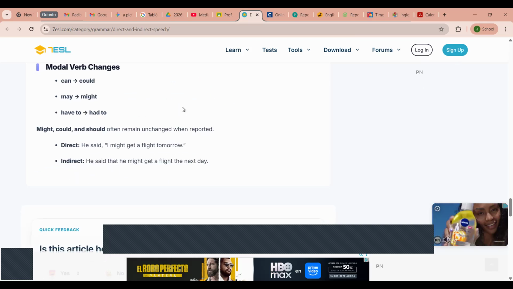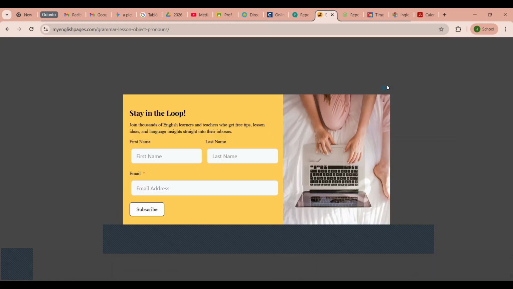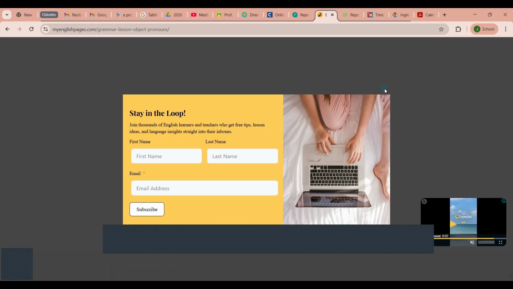Now, there are lots of different changes that these direct statements undergo to become indirect or reported speech, and we'll have a lot of uses for them. Make sure that you take some time to understand, one, why we're changing, for example, the object pronouns. So who was the subject in your original sentence and who is now the object in the new sentence. There's also going to be a good use of different verbs.